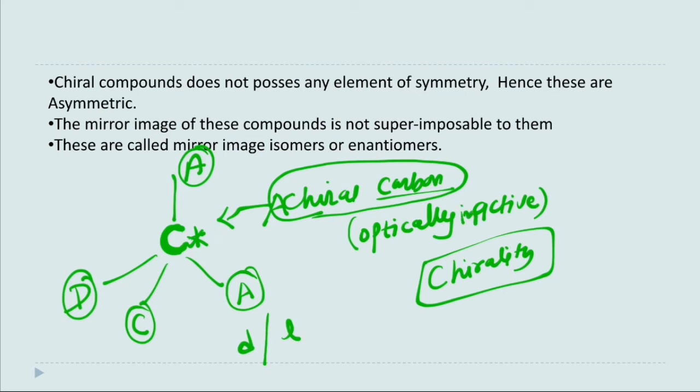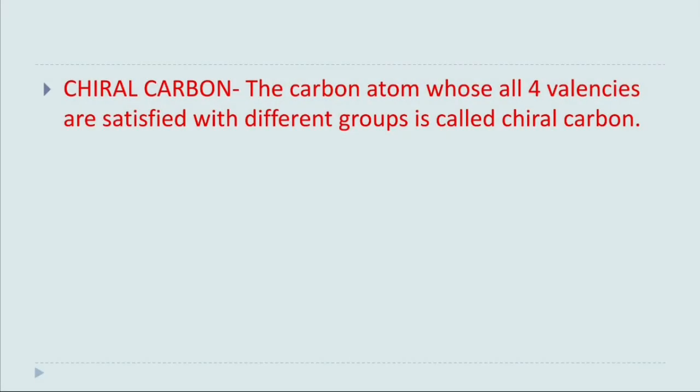Clear? Okay, now see, as I already told you, the carbon atom whose all 4 valencies are satisfied with different groups is called chiral carbon, and this kind of compound will be optically active and will form mirror image enantiomers.